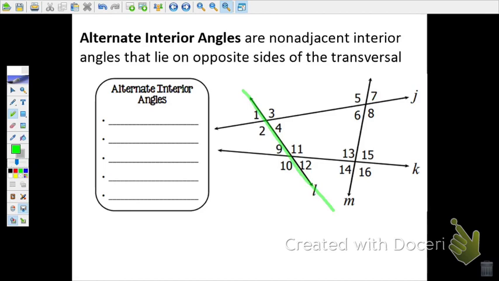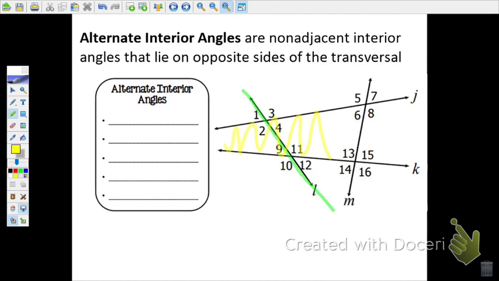They need to be on opposite sides of the transversal, one on the left, one on the right. They also need to be interior angles. Interior angles are going to be in between those 2 lines, not my transversal, the other 2 lines. Inside is my interior angles.